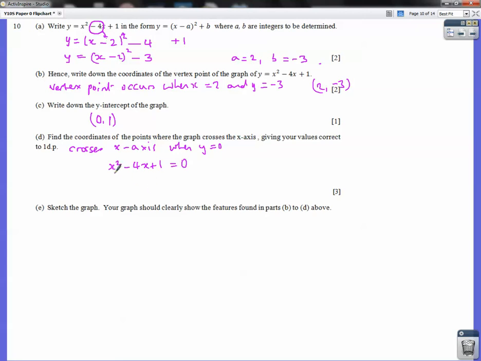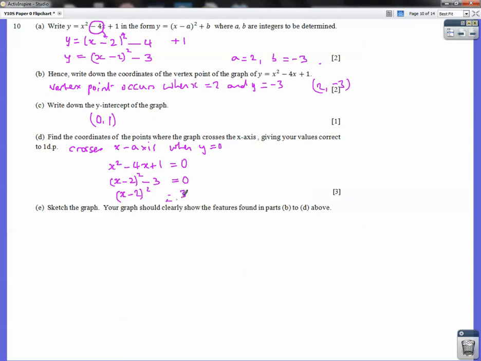Now we want to solve this equation, and obviously the easiest way to do it is to use a result that we've found earlier. We use the completed square form. x squared minus 4x plus 1 is the same as x minus 2 all squared take 3. So x minus 2 all squared minus 3 equals 0. Now I add 3 to both sides, so I get x minus 2 all squared equals 3.